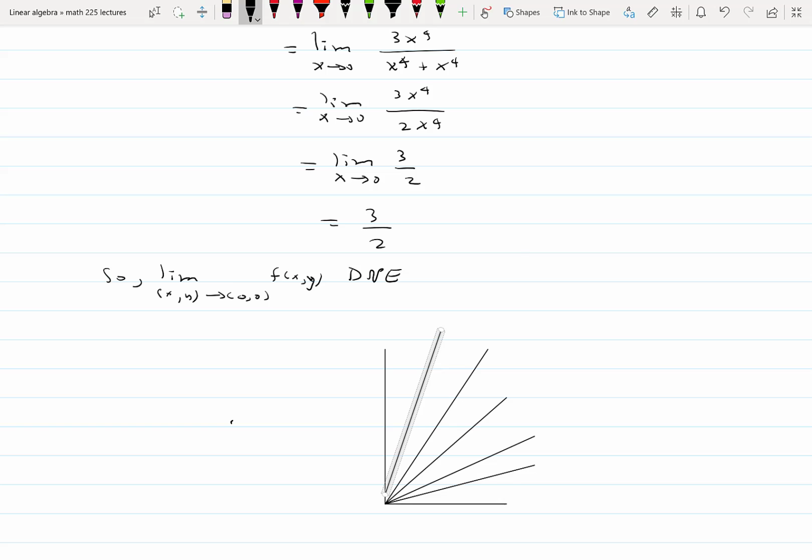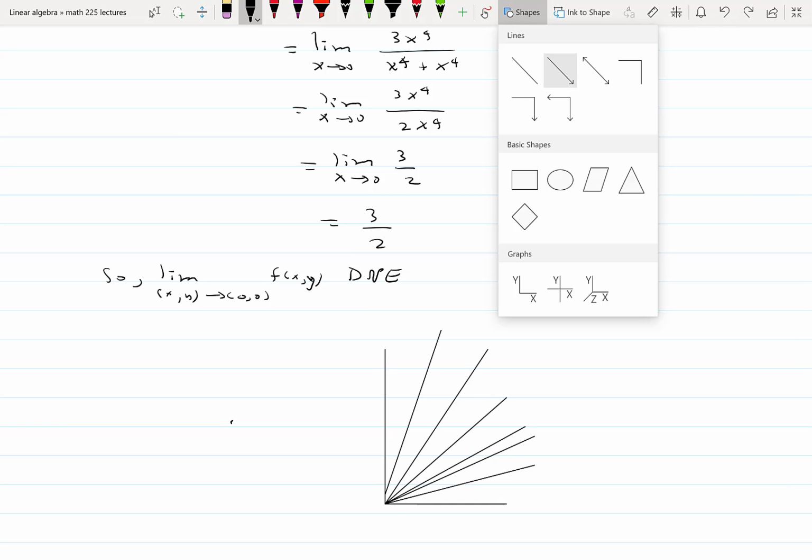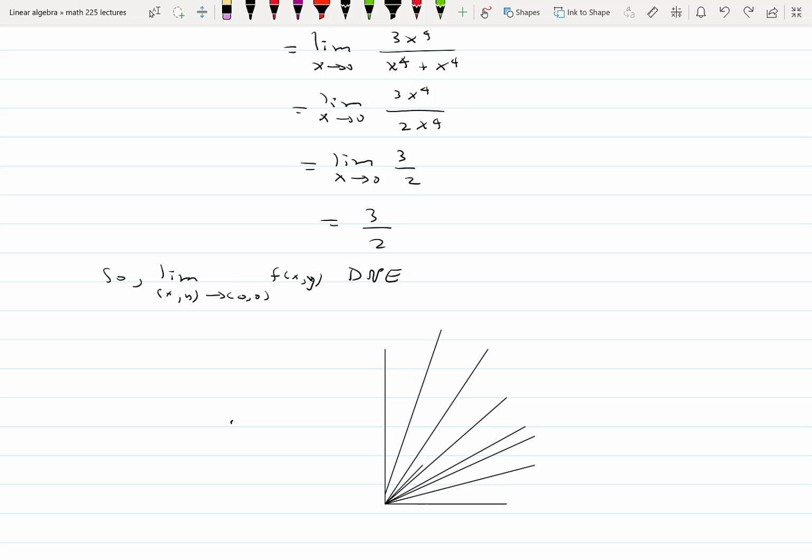I want a few more. Just sort of randomly drawing. Oops, that one doesn't even go through the origin. I should probably cut my losses here. Got two of them that don't even look like they're approaching the origin. Get rid of that one. Okay, here are a bunch of lines that approach the origin.